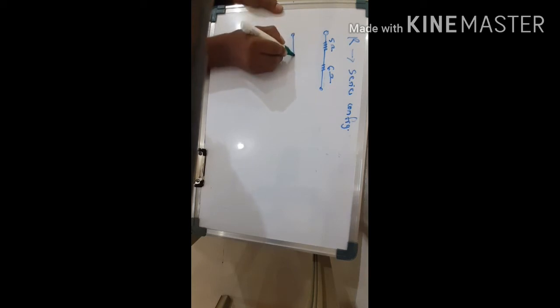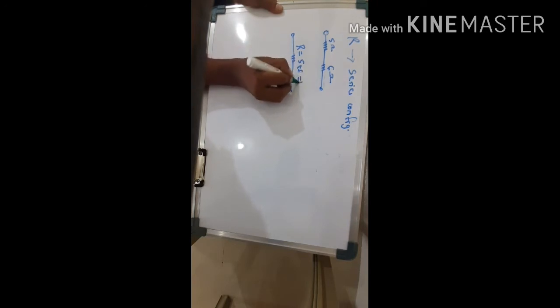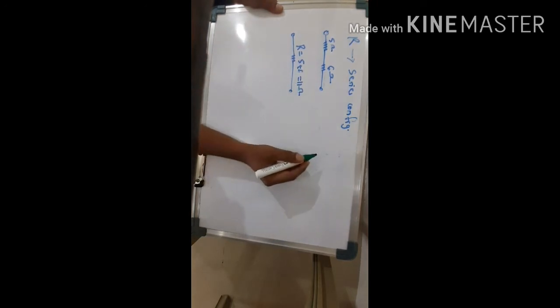The resultant is the addition of the two, 5 ohm plus 6 ohm, that is a total of 11 ohm.